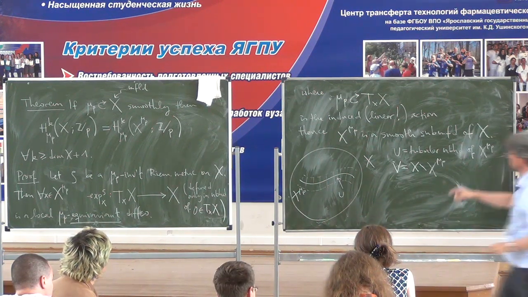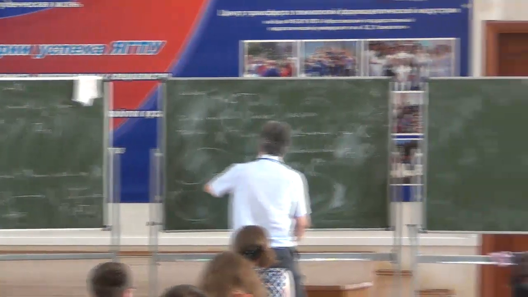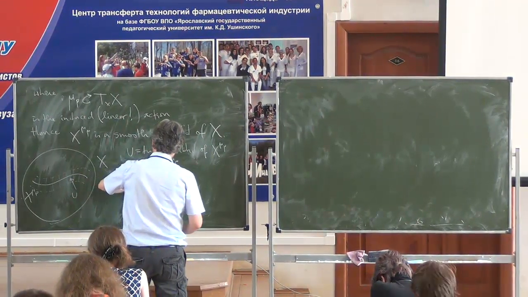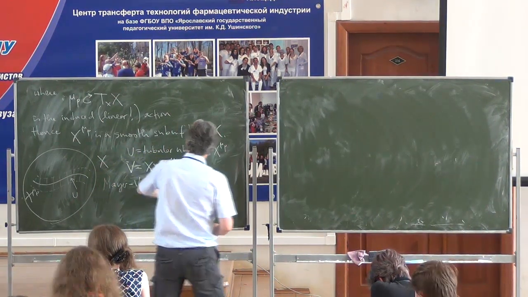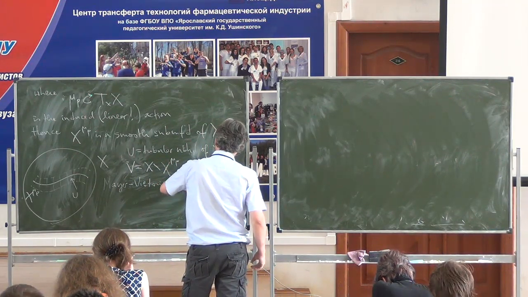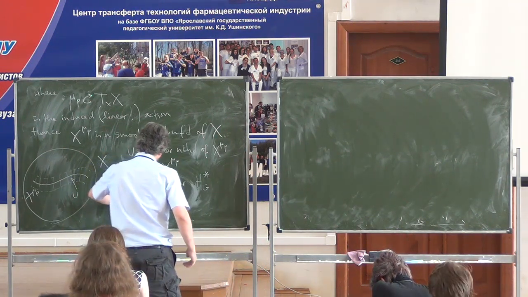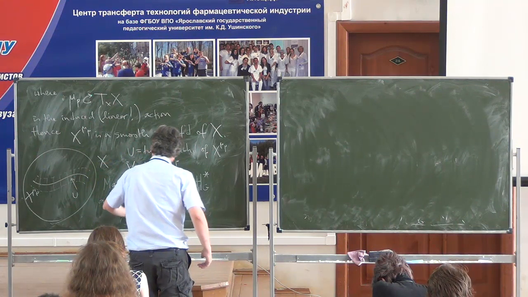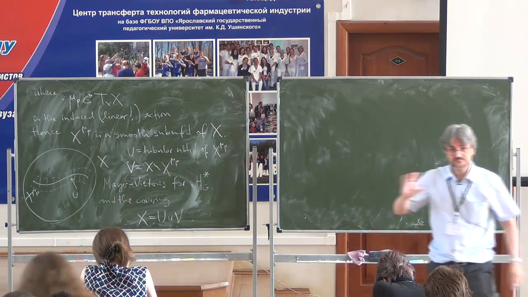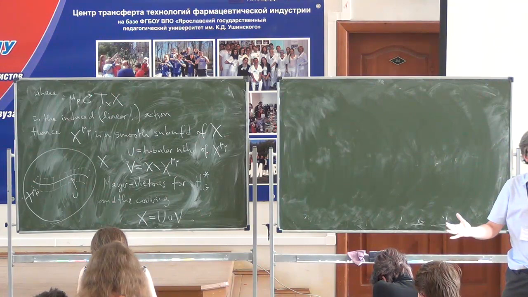Now, I'm going to use Mayer-Vietoris for H, for equivariant cohomology, and the covering of X given by U and V. Okay, so the equivariant cohomology is the cohomology of the Borel construction.